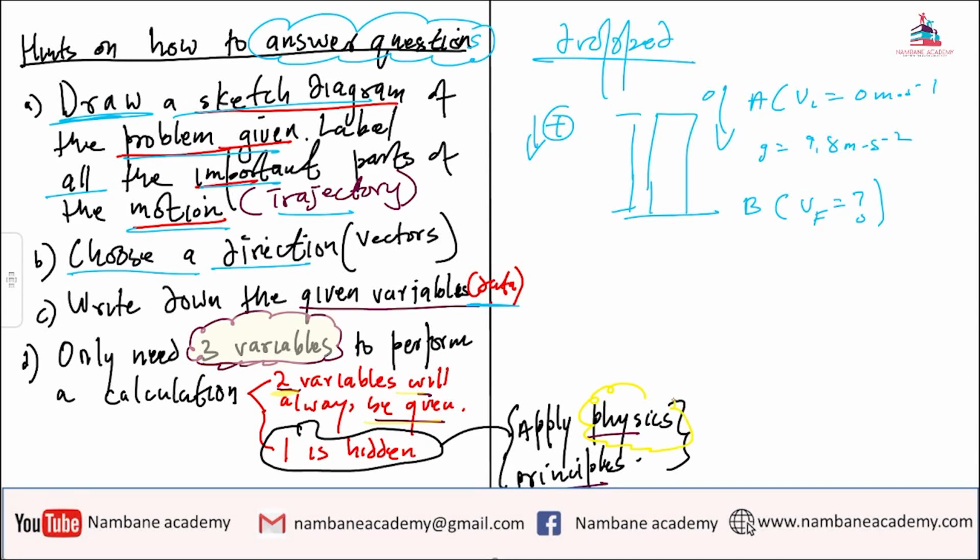That one thing that is hidden is the one that will ask us to apply the physics principle, to basically draw the sketch and understand where we are in the sketch or in the motion of the projectile. It can't be as easy as this. But the questions will be complex, obviously, because it's an exam, it's a test. But the easiest way of performing the calculations is to follow this principle.